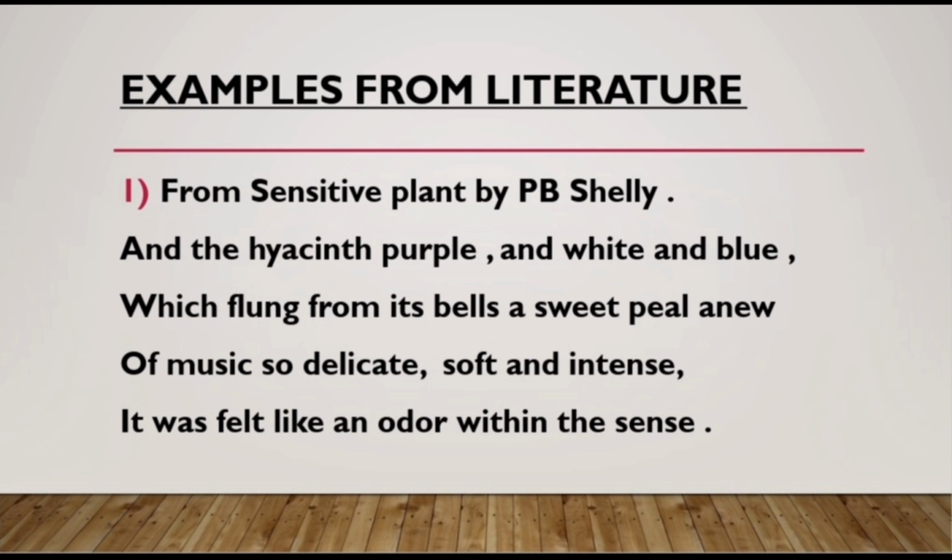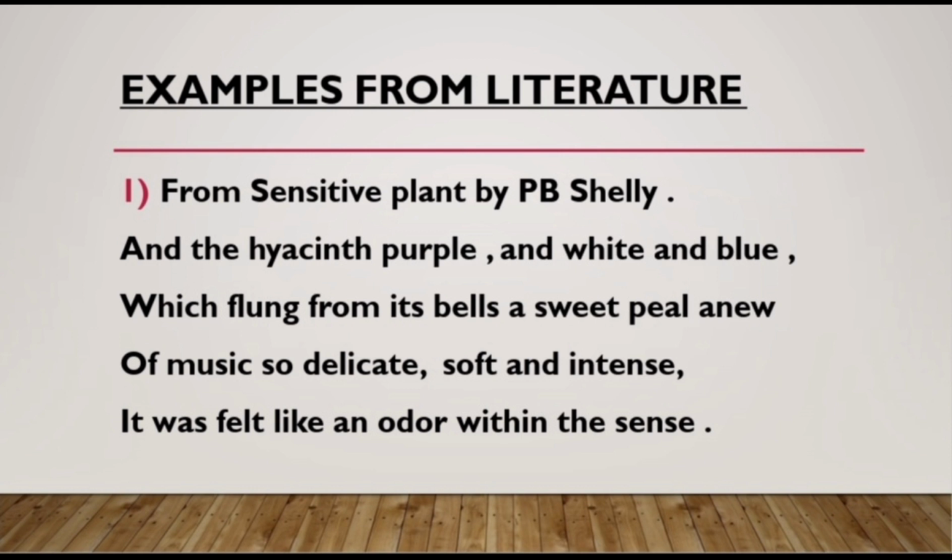Basically if you see the third line, music is described as delicate, soft and intense, which are actually the qualities of a flower, because those could be delicate, soft and intense, but music is soft means it's very pleasing. So, there is a mixing of senses here. In the next line, felt like an odour. You cannot feel an odour, you can sense an odour, right? So feeling an odour is also an example of synaesthesia.